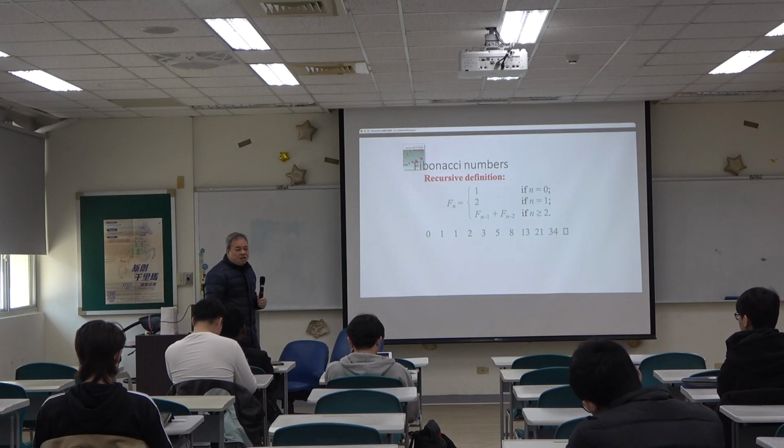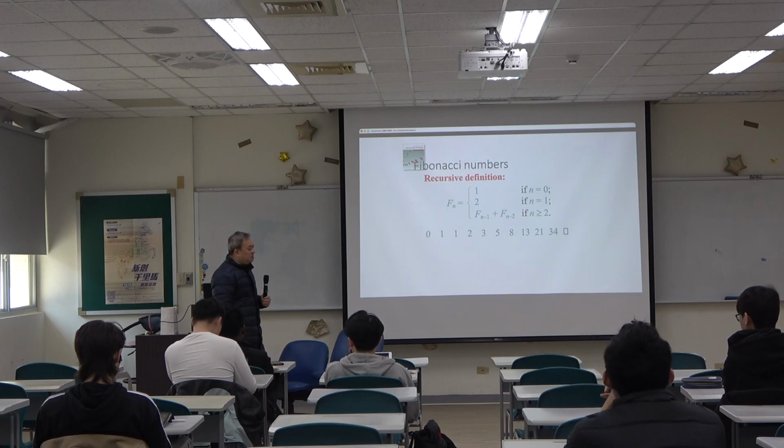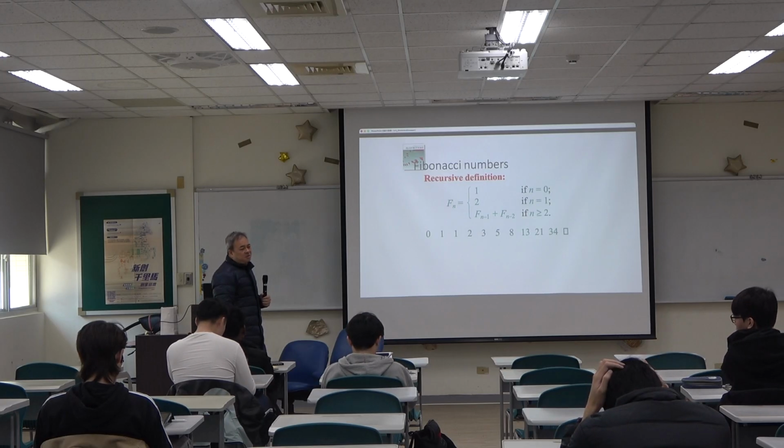So you guys have learned Fibonacci numbers, right? Again, you should have learned that from discrete math, if not earlier. Some of you may have learned that in high school.